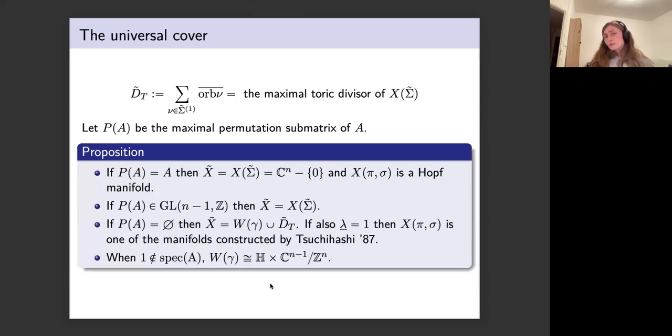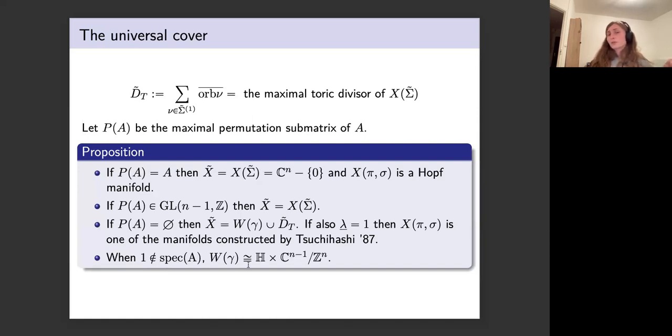Sometimes we can even describe this universal cover almost completely. Of course, the toric variety you just describe by the fan. But if you want to understand which open subset you picked to close up in your toric variety, you know what this is when, for instance, A does not have 1 as an eigenvalue.